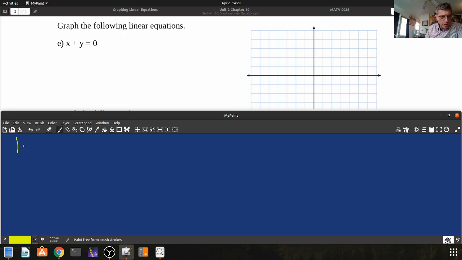This is 1e. So we know that 2 points make a unique straight line.